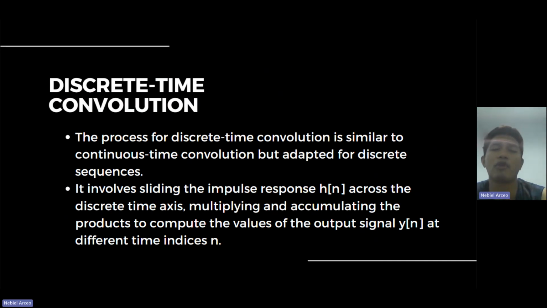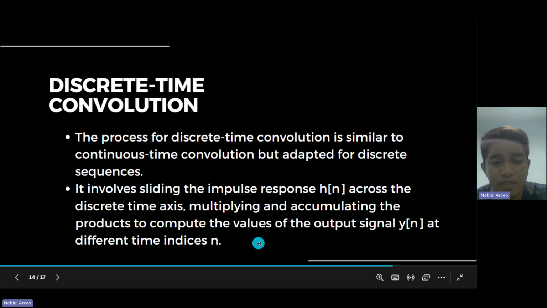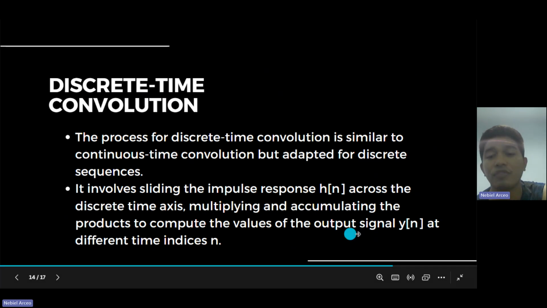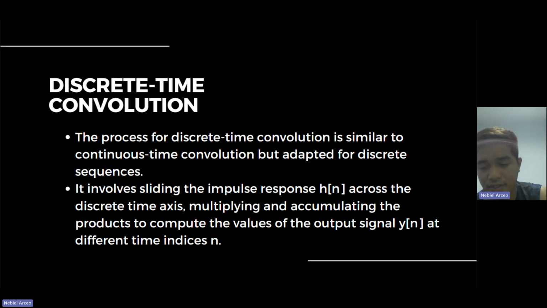The process for discrete time convolution is similar to continuous time convolution, but it is adapted for discrete sequences. It involves sliding the impulse response across the discrete time axis, multiplying and accumulating the products to compute the values of the output signal at different time indices.